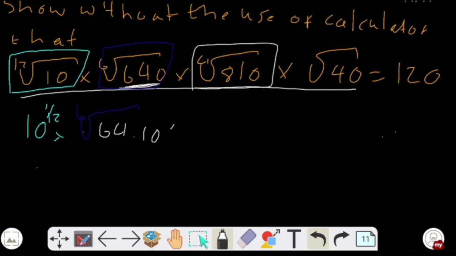Let's move on to this part here. How do we write that part in a much simpler form? It says it is the 4th root of 810, and we can write this in a simpler form by saying 81 times 10, right?